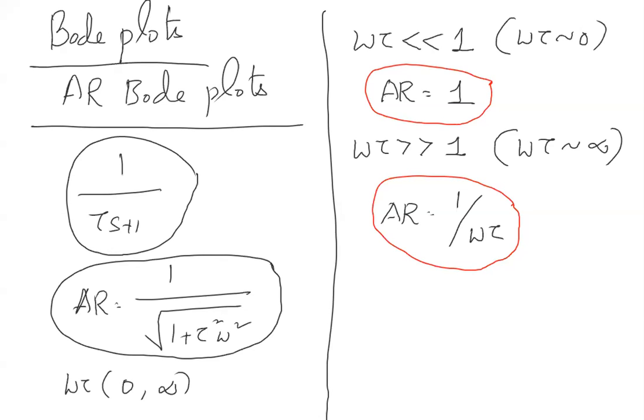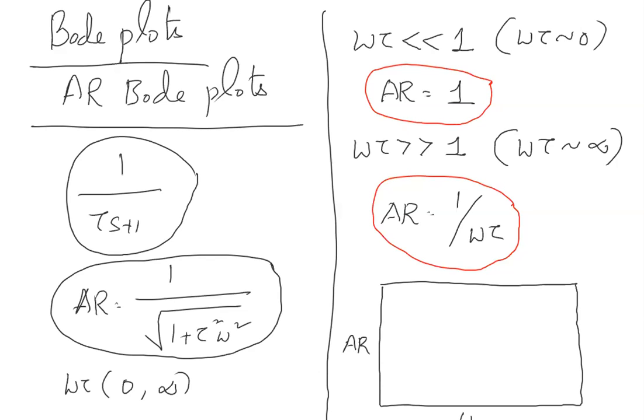So we will discuss the significance of Bode plots in the next topic. What is next topic is you use these Bode plots to define the stability of the system. Now, if I draw a plot of amplitude ratio versus omega, maybe I'll draw it on the next board.